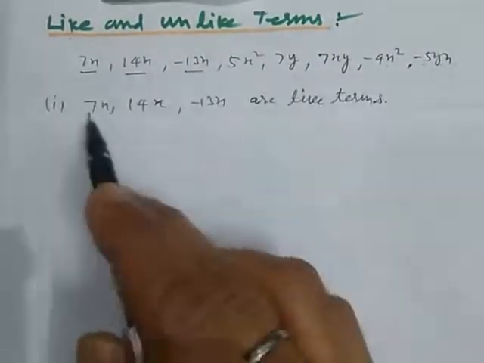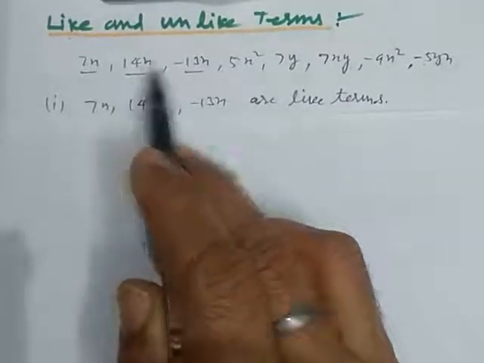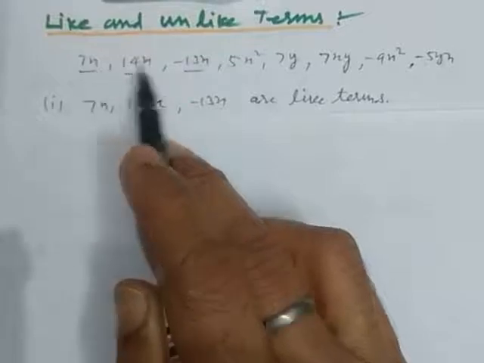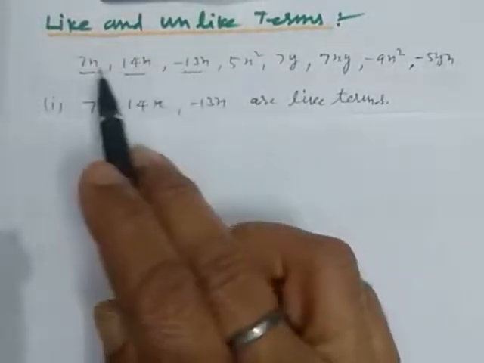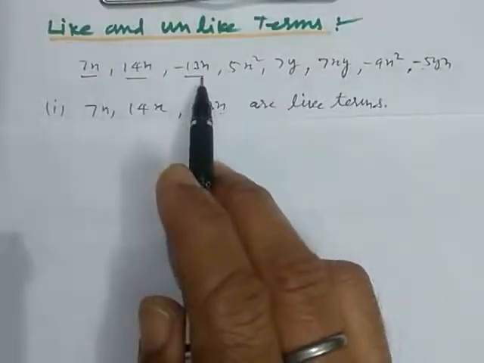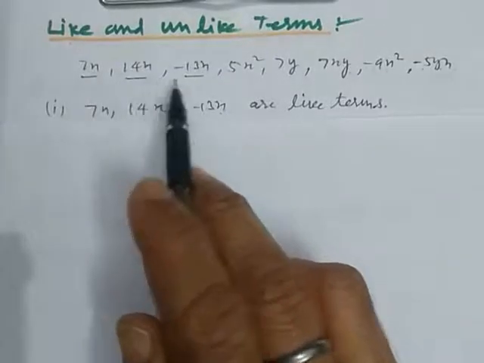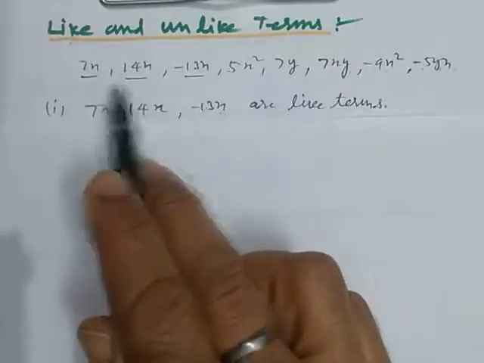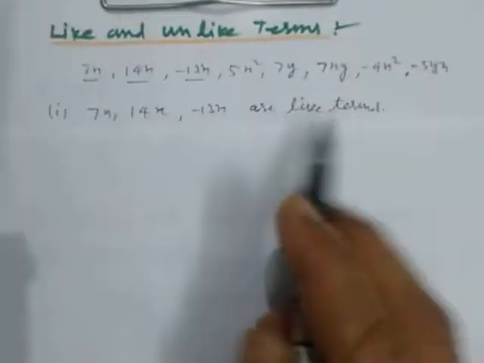So 7x, 14x and minus 13x all contain x as the variable. These are all like terms because the variable part is the same. So by looking at the variable, we can decide like and unlike terms.